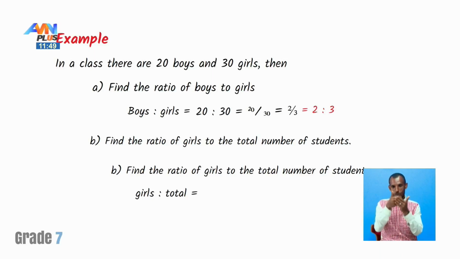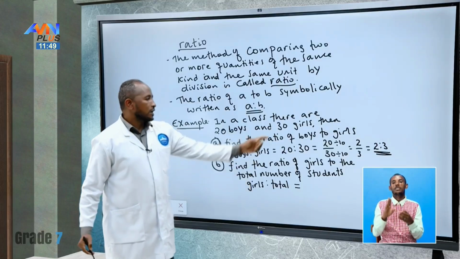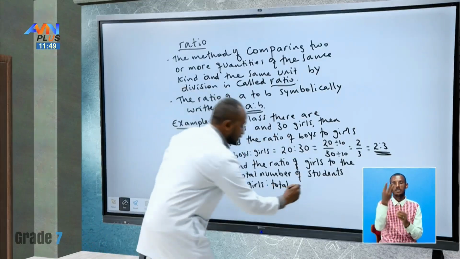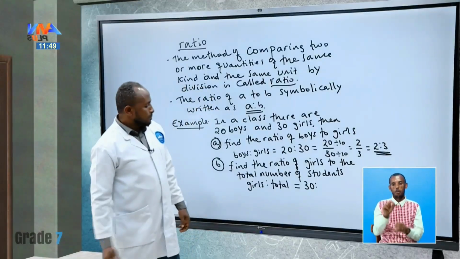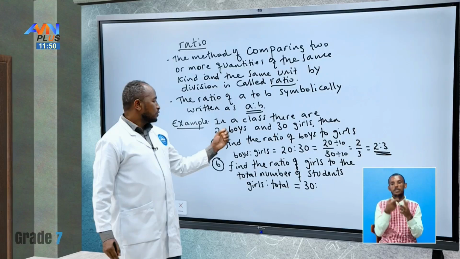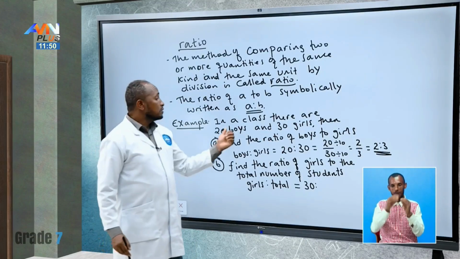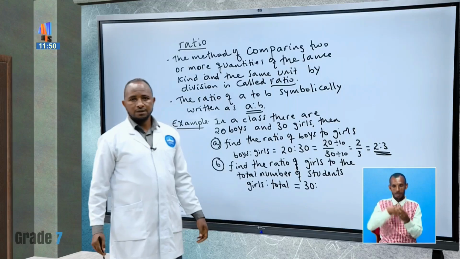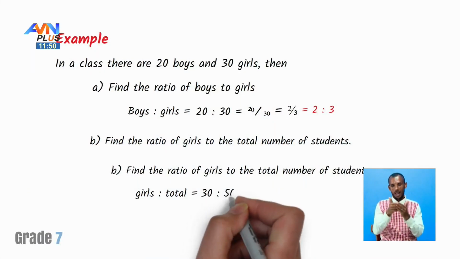So this will be equal to the number of girls in the question, it is 30, ratio the total number of students. Since we have 20 boys and 30 girls in the class, the total will be the sum of the two. 20 plus 30 is 50. Therefore, the total number of students is 50.